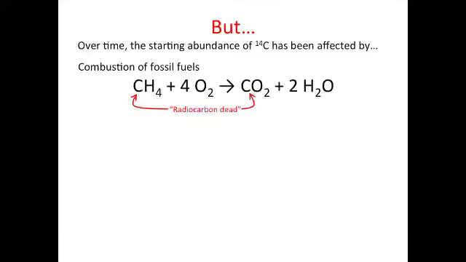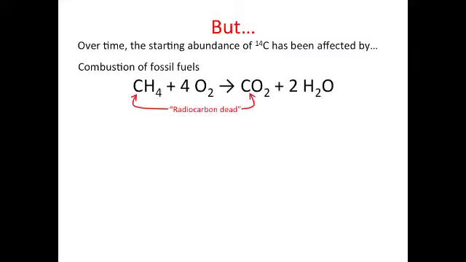And they're different because the idea that the starting abundance of carbon-14 has always been the same is incorrect for a bunch of reasons. One is that since the dawn of the Industrial Revolution, we've been burning fossil fuels. The fossil fuels are millions of years old. There is no carbon-14 in them at all.